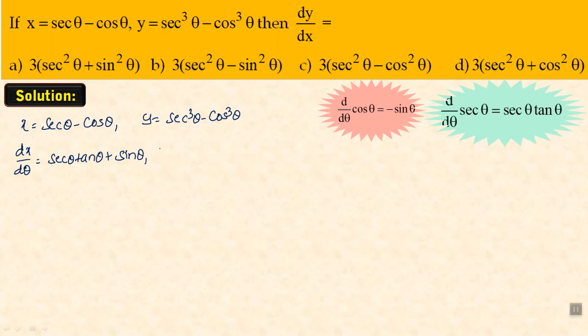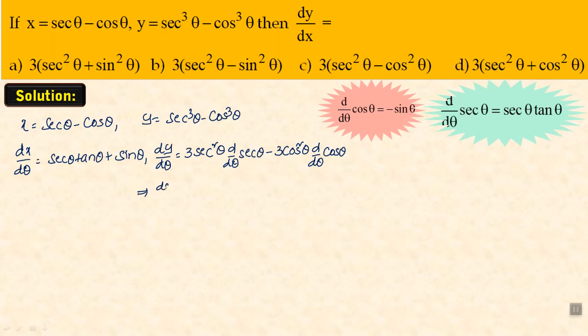Here differentiating with respect to theta, we get dy by d theta is equal to differentiation of secant cubed theta is 3 into secant square theta into d by d theta of secant theta minus differentiation of cos cubed theta is 3 into cos square theta into d by d theta of cos theta.